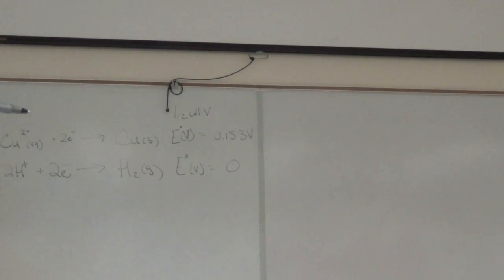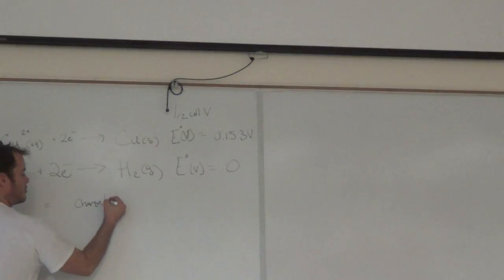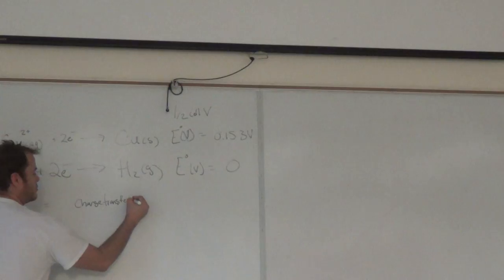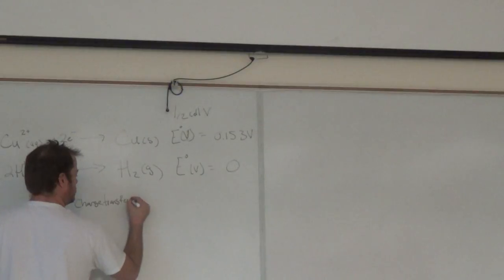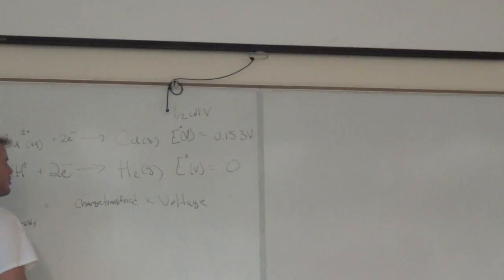With this convention, we're going to end up calculating delta G's for reactions. It turns out that delta G for a cell, when it's done reversibly, when the charge is transferred reversibly, is equal to the charge transferred times the voltage, and the charge will be the charge on each ion.